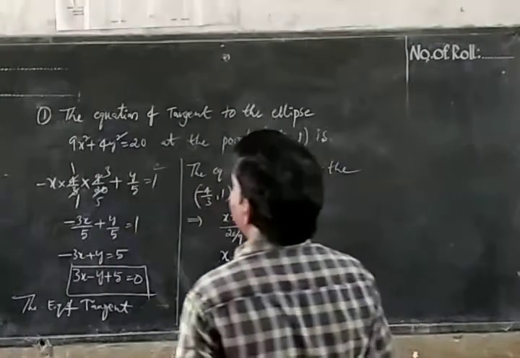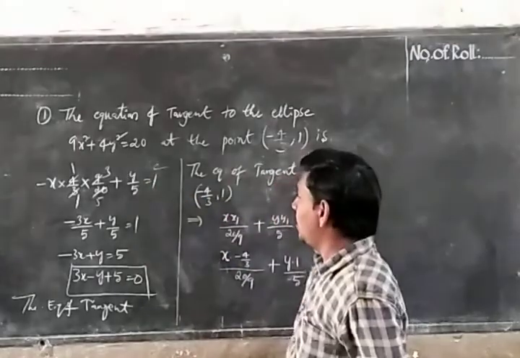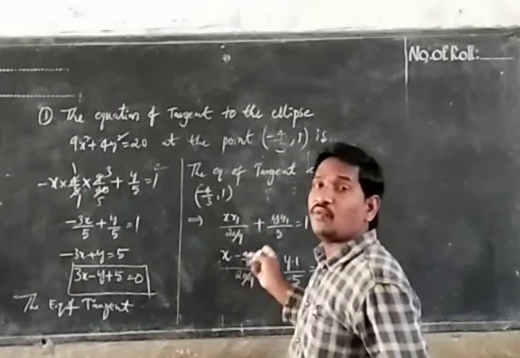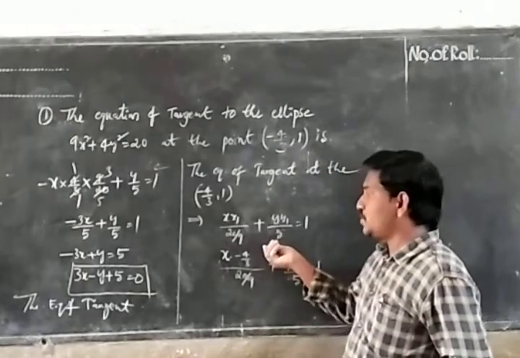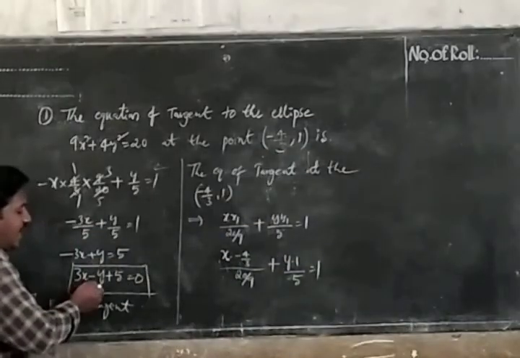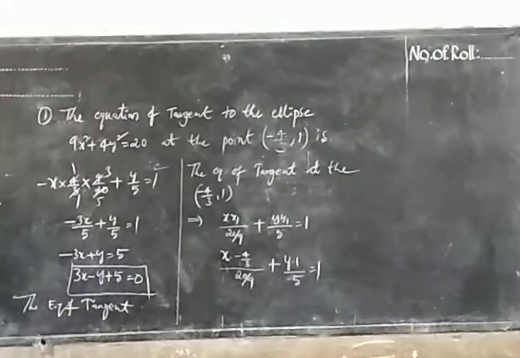We have to convert to that form and take the formula x x1 by a square plus y y1 by b square equal to 1. Then we substitute the x1, y1 values. Then we get 3x minus y plus 5 equal to 0. This is the equation of the tangent.